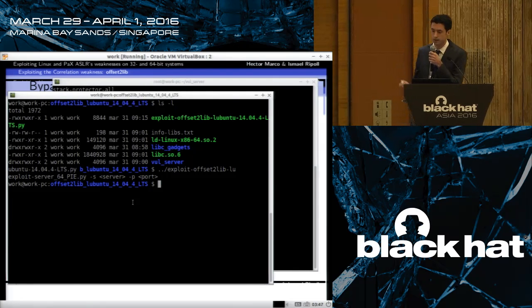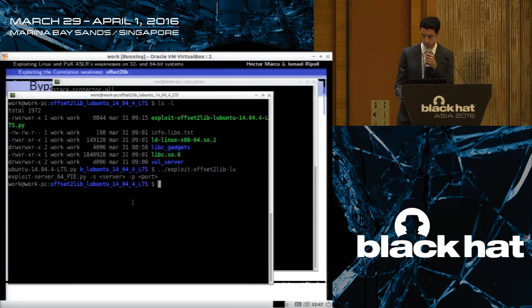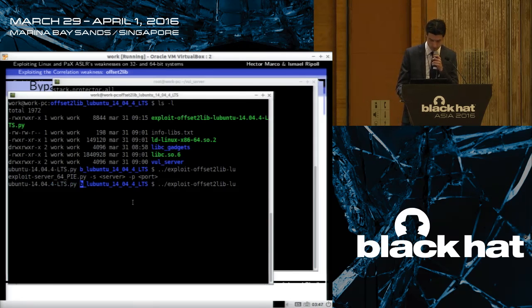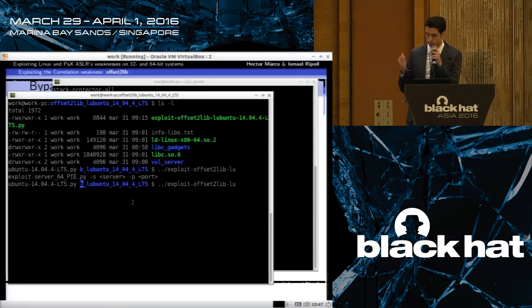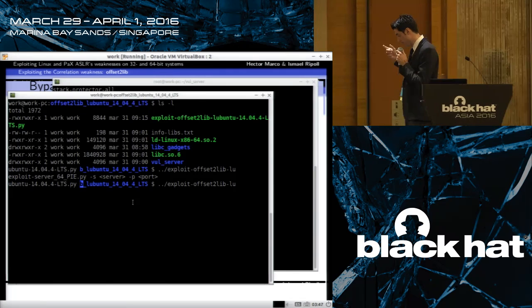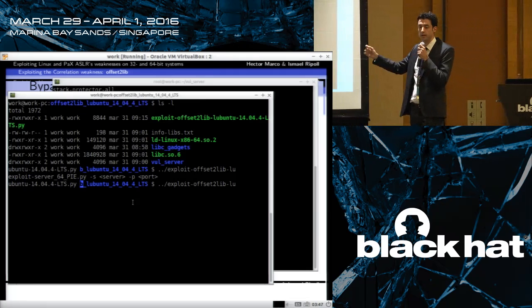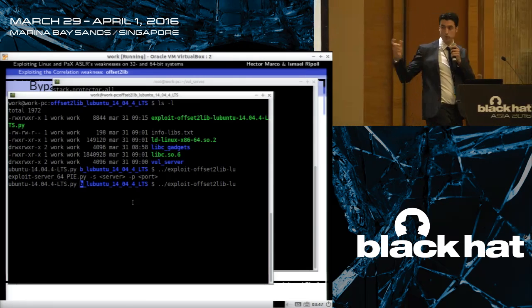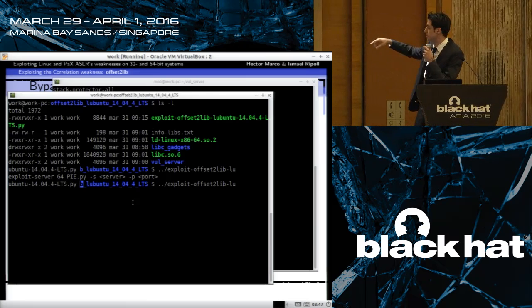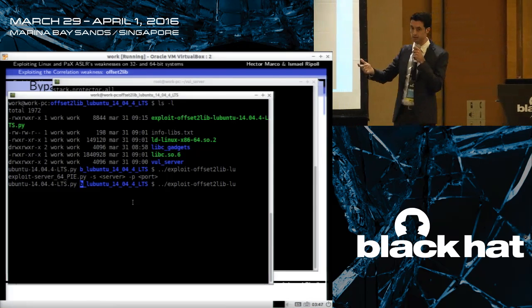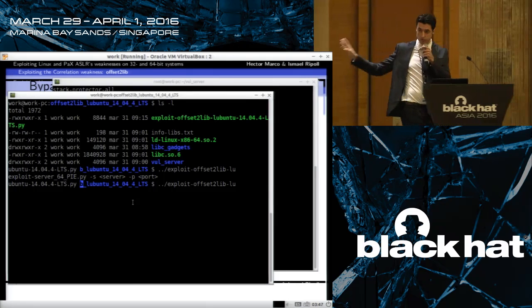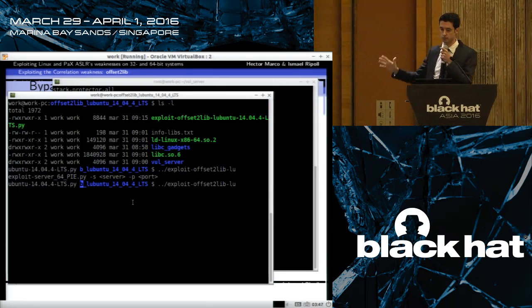The exploit wants a server and a port. Since I am on localhost, I will put localhost and port 999. And this is going to perform a brute force attack against the return address on the stack, then calculate all the steps I showed you, build a ROP chain, and then get a shell. This is a 64-bit machine with all protections.